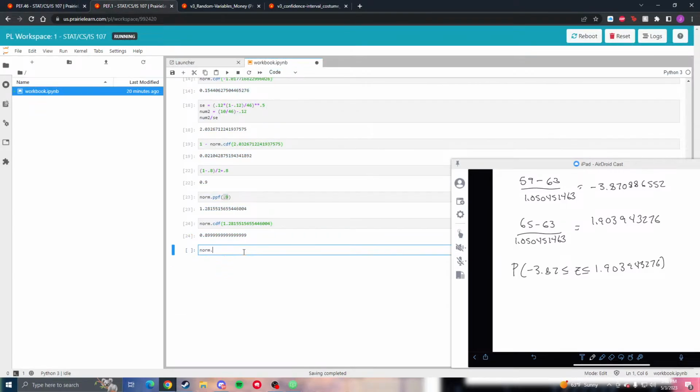So let's get the area to the left of the first one. So norm.cdf of negative 3.87. It's a very low number. And then let's get the area to the left of our second number.